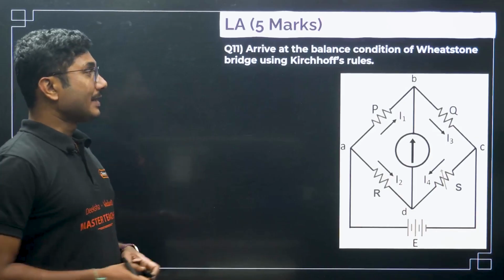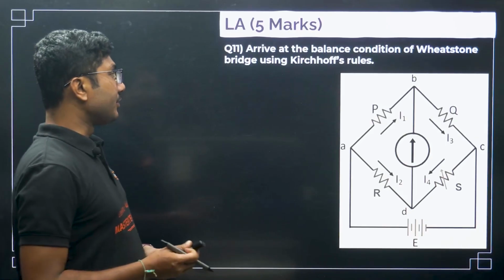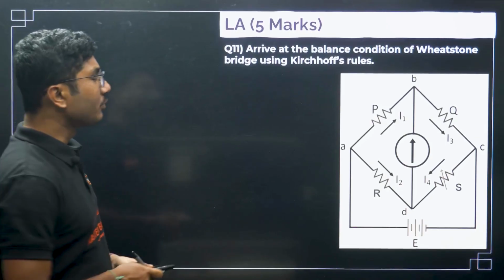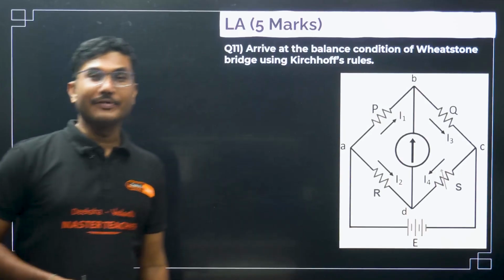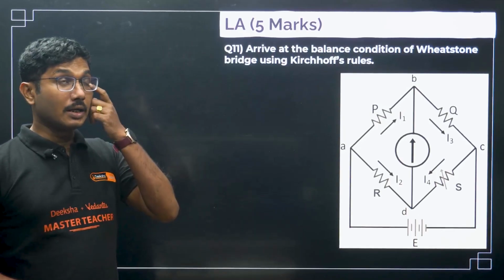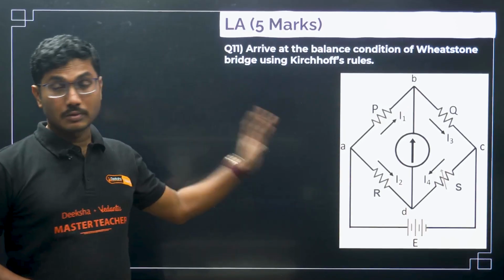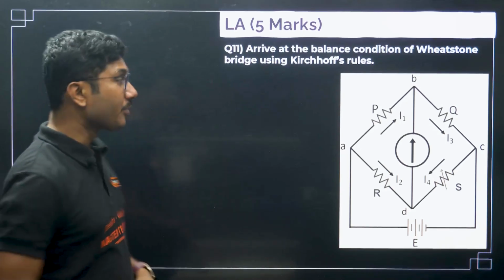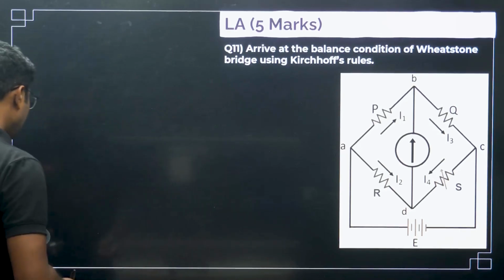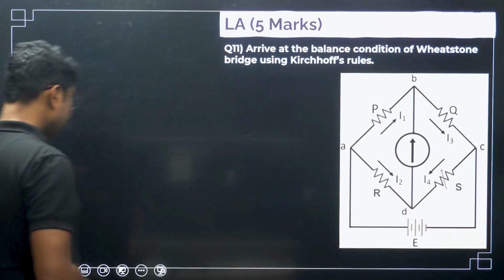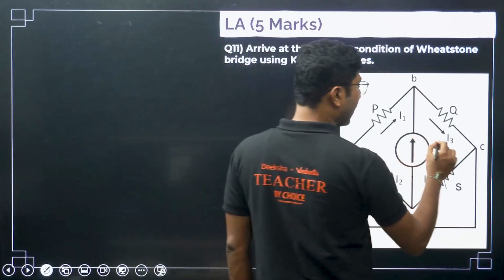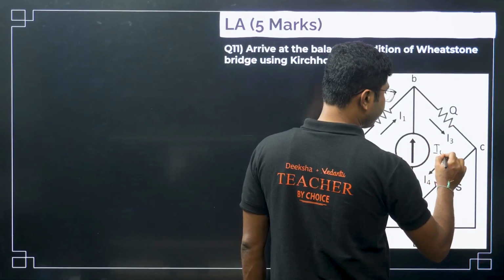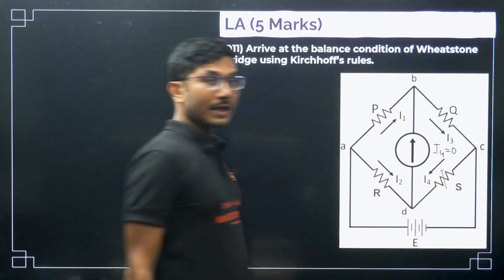Now, arrive at the balanced condition of Wheatstone bridge using Kirchhoff's rules. I am going to do this derivation in a very simple and easy way, the smallest possible way. For that, you first have to mention two things. First, the current through the galvanometer must be 0.